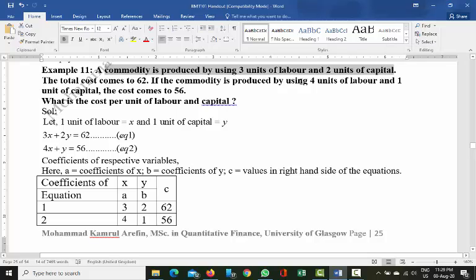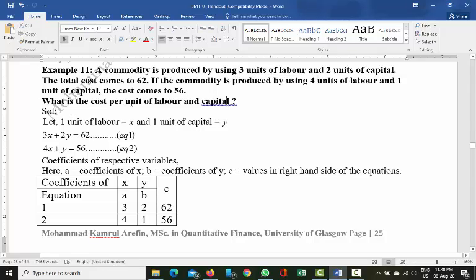A commodity is produced by using 3 units of labor and 2 units of capital. The total cost comes to 62. If the commodity is produced by using 4 units of labor and 1 unit of capital, the cost comes to 56. What is the cost per unit of labor and capital?